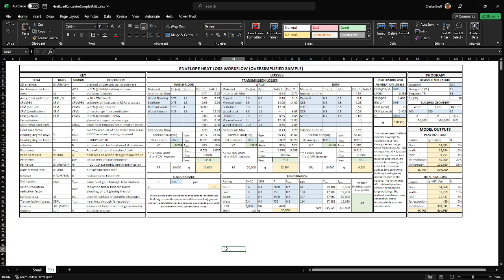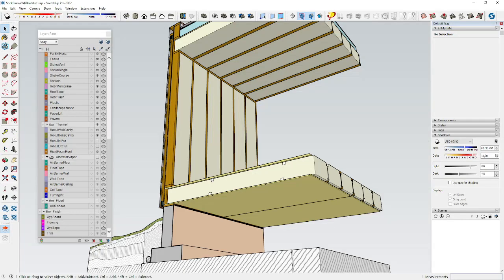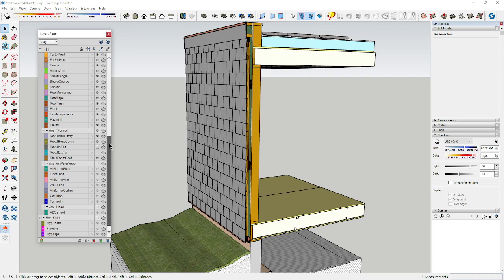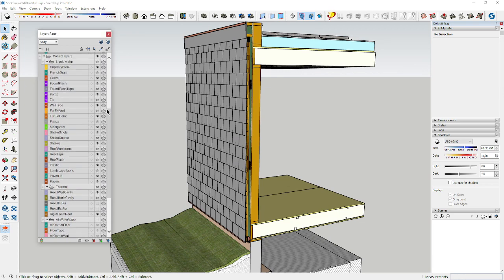The one thing I did not talk about was this little section here, thermal bridging. We did talk in class about how, for example, if we go back to this model, if I didn't have insulation on the outside of these, let me just turn off a lot of this stuff.